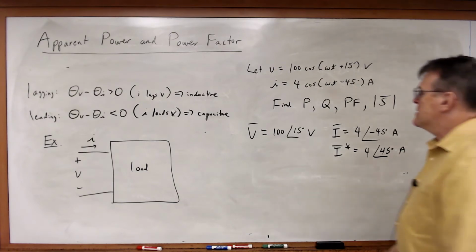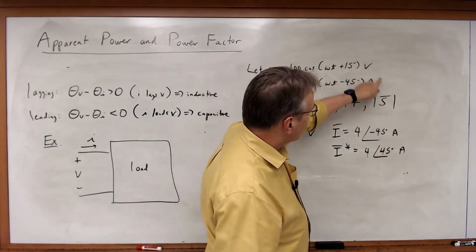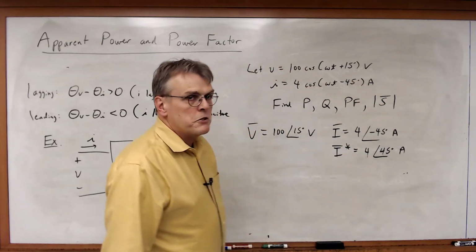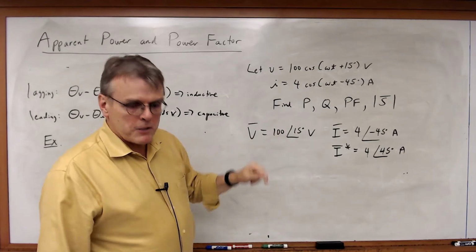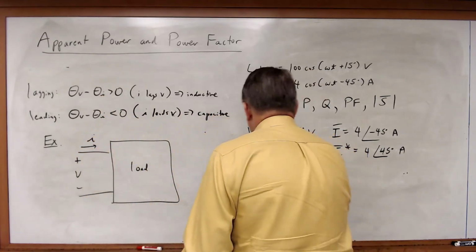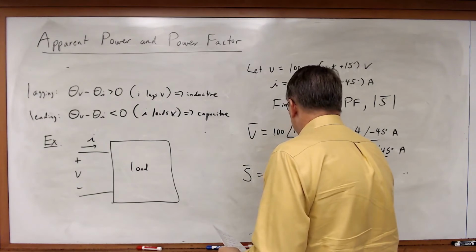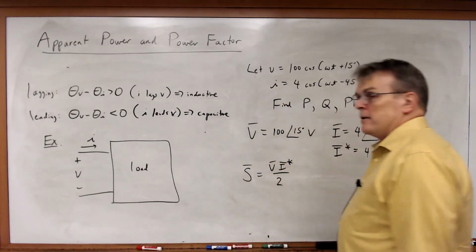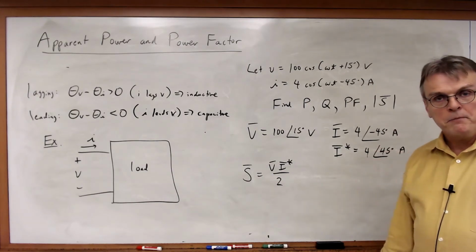And in this case, since these are not RMS values, I would call them V RMS and I RMS if they were voltage and current RMS. Since these are non-RMS values, S will be equal to V times I complex conjugate divided by 2. Obviously, if these were RMS values, I wouldn't need that divided by 2.